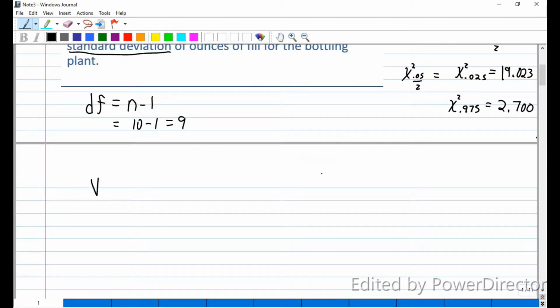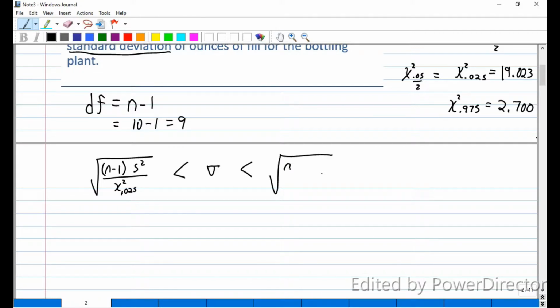So we're going to have the square root of (n minus 1) times s squared over the critical chi-square number, 0.025, and that's going to be less than the standard deviation, which is less than the square root of (n minus 1) times s squared over the critical chi-square number, 0.975. All right, that's what we're going to do.